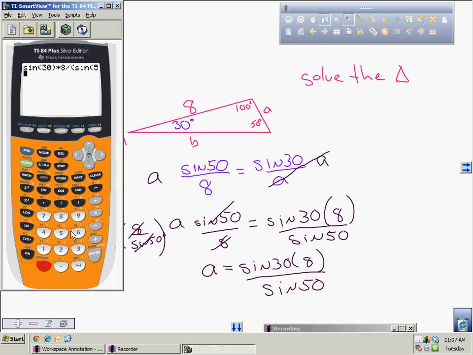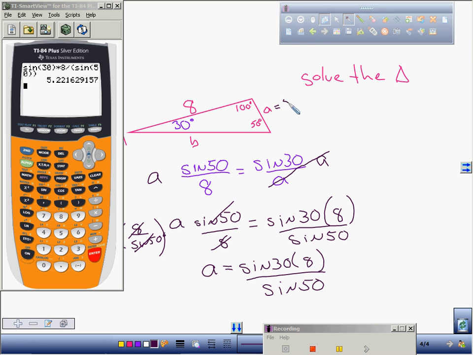Close that parentheses for the 50 degrees, and close that parentheses for the thing you're dividing by. Then I get that this side over here is 5.22 or something like that.